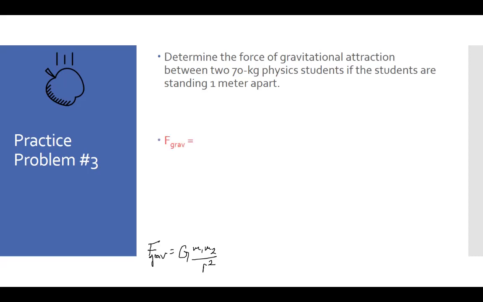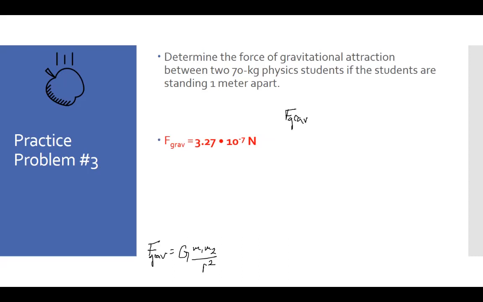Okay, welcome back. What'd you guys figure out? I got 3.27 times 10 to the negative 7th newtons. That's pretty small. I didn't say how strong the attraction was. I just said that there was an attraction there. So let's take a look at how we could set this up.